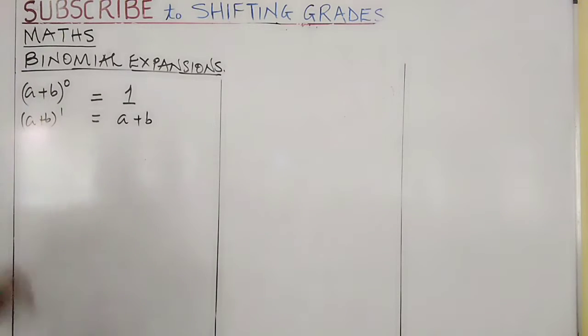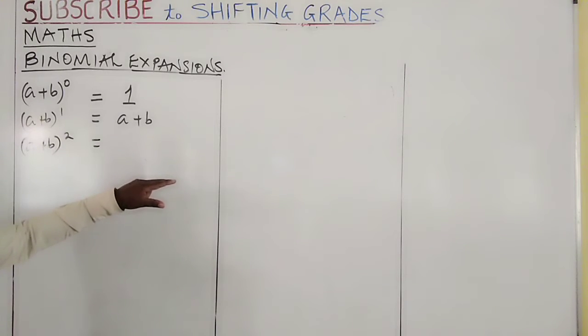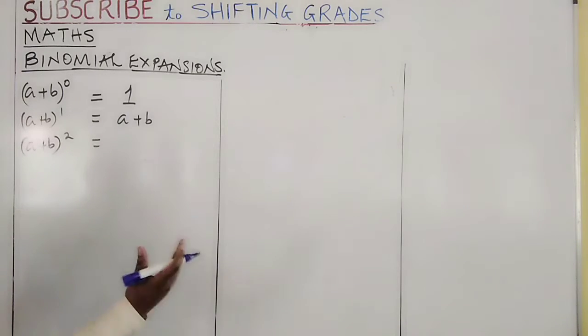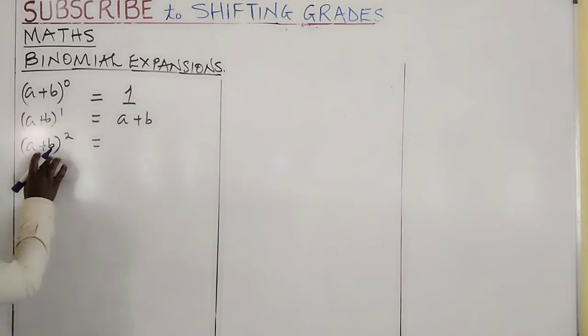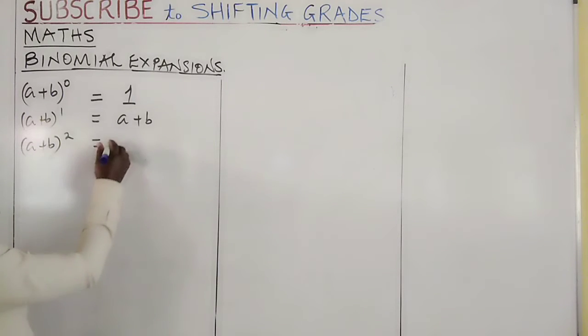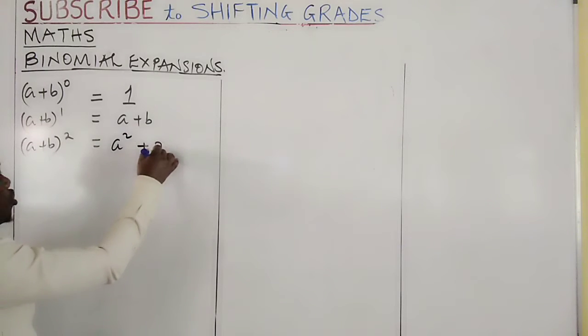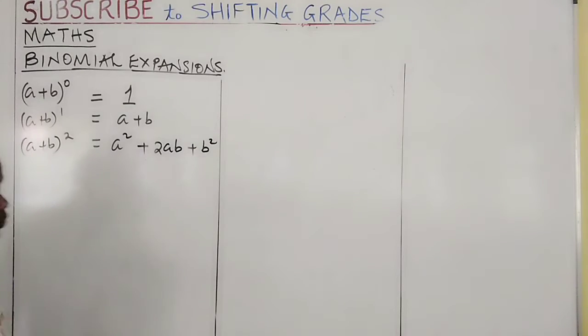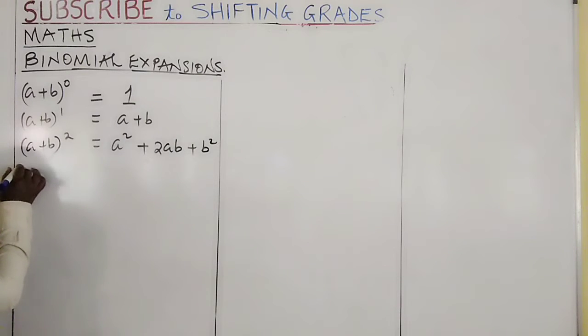A plus b raised to power 2: according to the quadratic identities, when we have a binomial expression like this squared, we take the first term squared, plus 2 times the terms, then plus the last one squared, b squared.